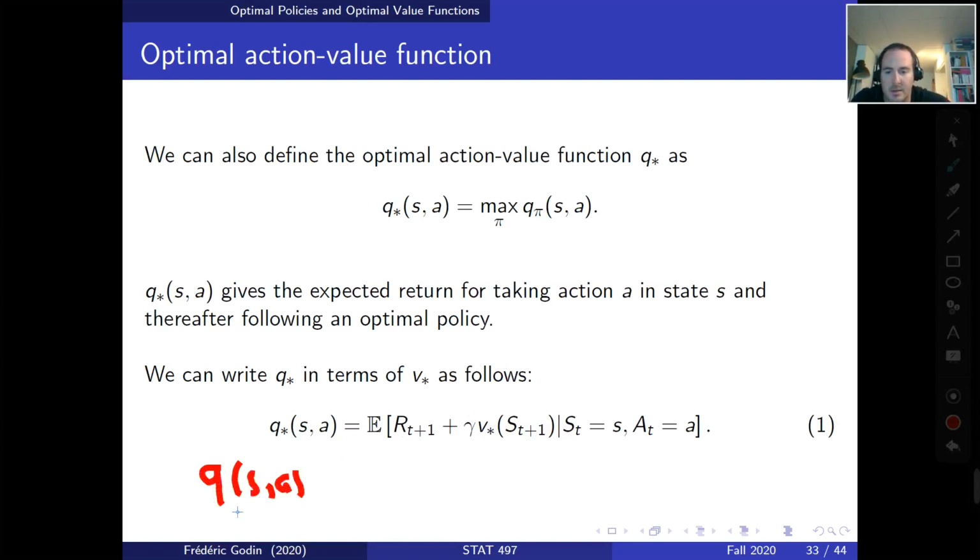For some policy pi, Q pi of s, a was equal to the expectation of R t plus 1 plus gamma G t plus 1.